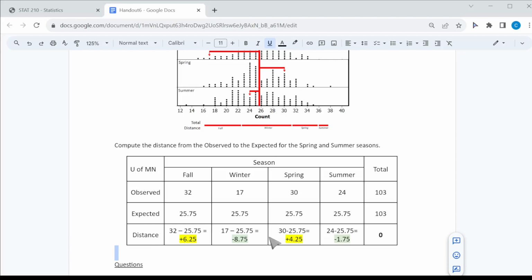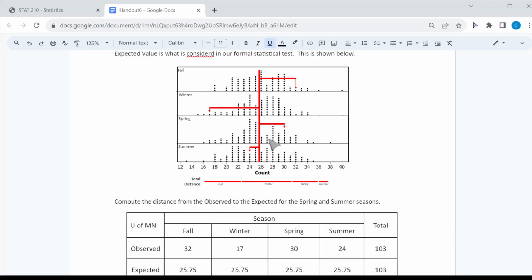This is going to happen when we compute a standard deviation or a variance. This is something that we run into quite often in stats. So my total distance, when I just add them up, is going to be 0.